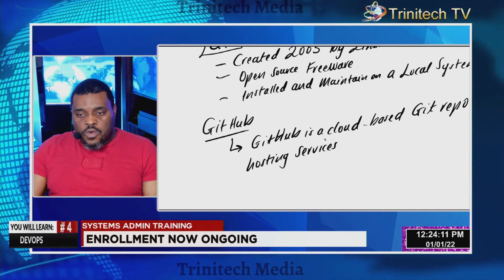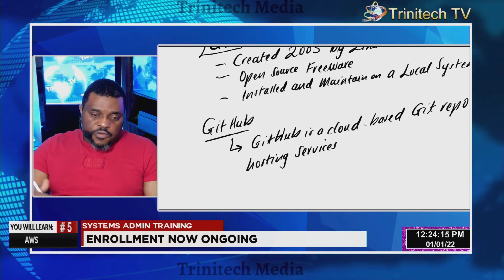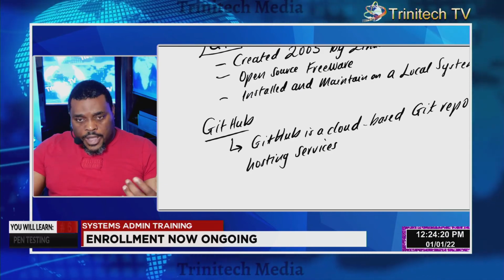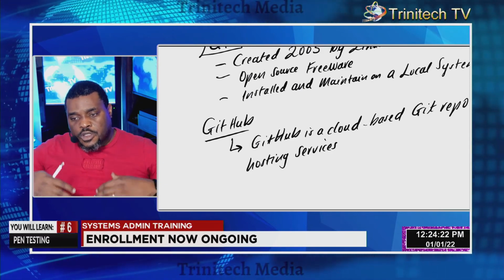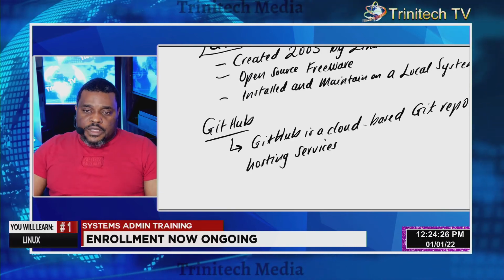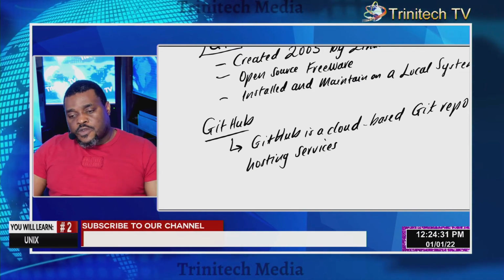Once you build code and you save or commit your code, Git helps you create different versions that you can manage later, and you can go back to previous versions and adjust them. That's Git.